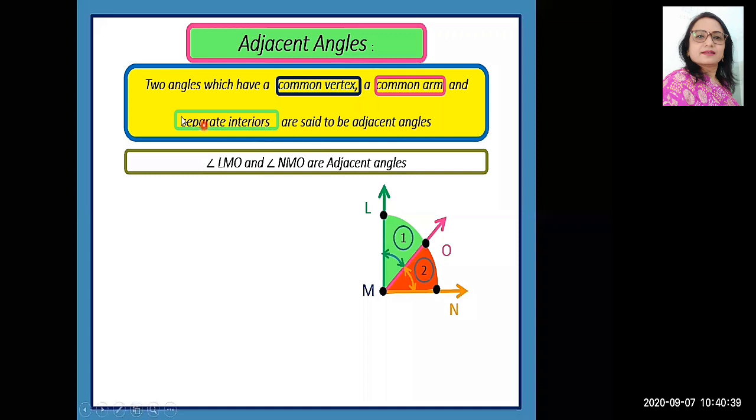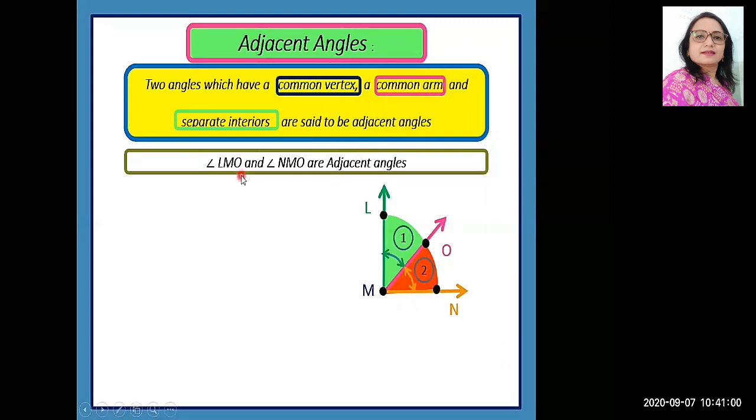I repeat, the definition of adjacent angles is two angles which have a common vertex, a common arm, and separate interiors are said to be adjacent angles.